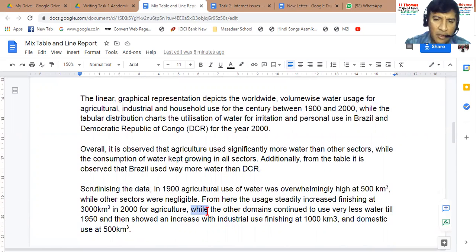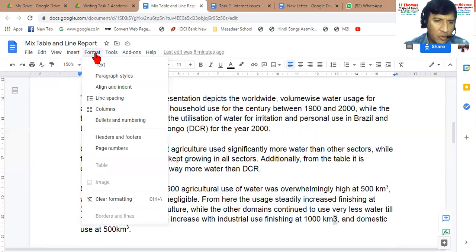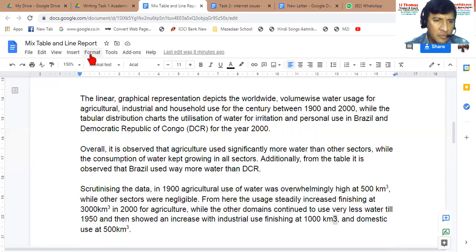While the other domains continued to use very little water till 1950 and then showed an increase, with industrial use finishing at 1000 cubic kilometers and domestic use at 500 cubic kilometers. Sorry, cubic. That is cubic kilometers.